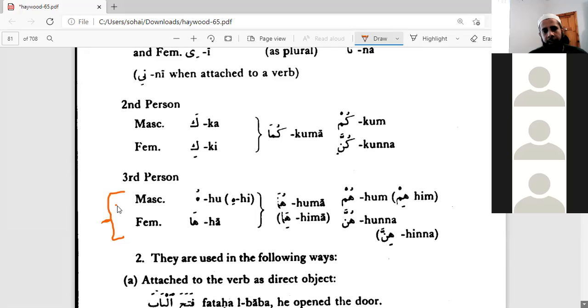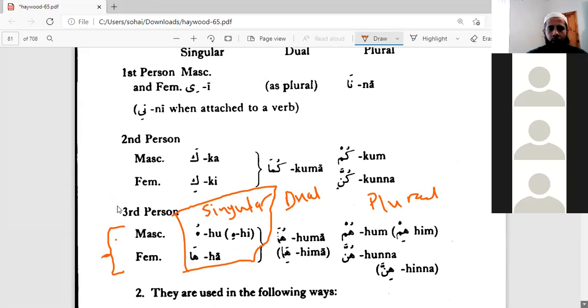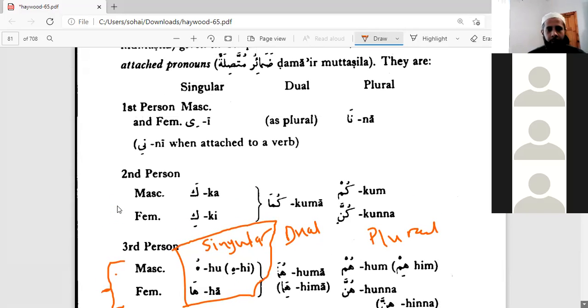This is third person, which means he or she, and this is singular: hu and ha, attached pronouns. This is dual, and you see the same huma. And this is plural. Then we go to second person, or it tells you at the top anyway.